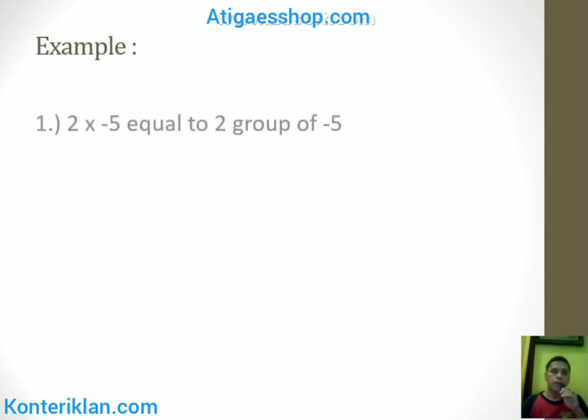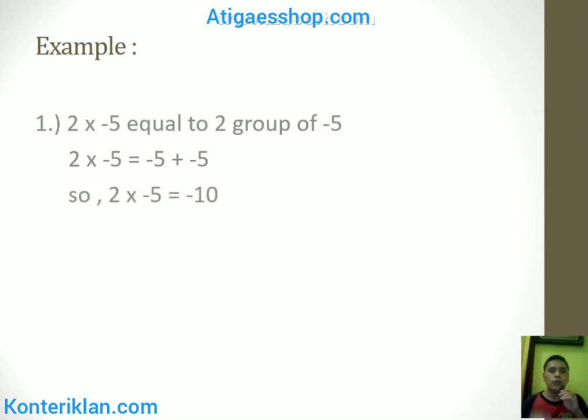For number 1, 2 multiply or times negative 5 equals to 2 groups of negative 5. 2 times negative 5 equals to negative 5 plus negative 5.